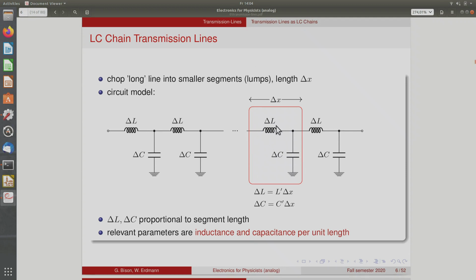The inductance is delta L, the capacitance is delta C, and delta L and delta C are proportional to the length of the piece. So when you make your piece smaller and smaller, the values that you have here are smaller.